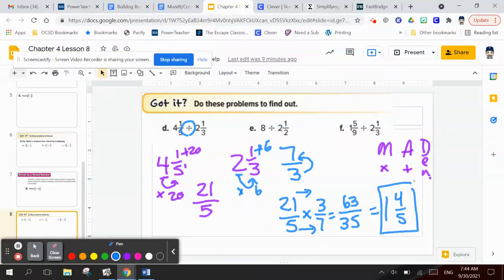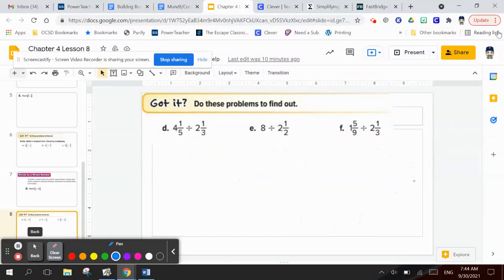So I want you to pause and I want you to try E and F on your own. So letter E, 8 divided by 2 1/2. So we need to change 2 1/2 to an improper fraction.